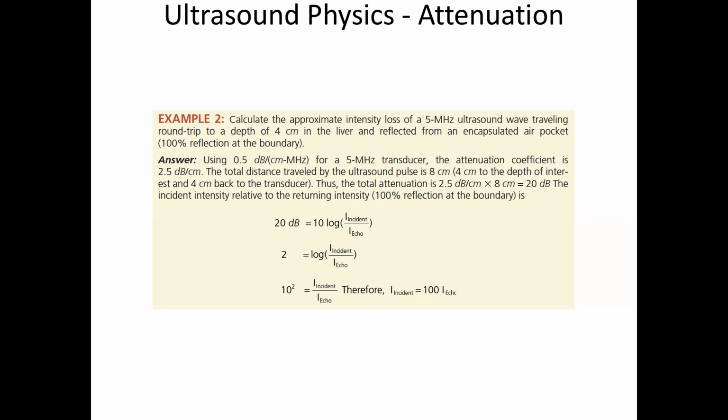Secondly, we're going to start depositing energy in the patient, right? And you can actually perform therapy with an ultrasound transducer by turning the gain way up and turning the focus up.